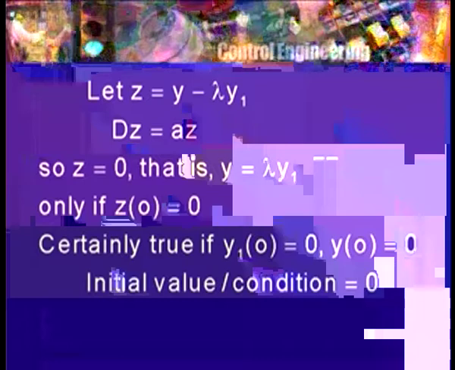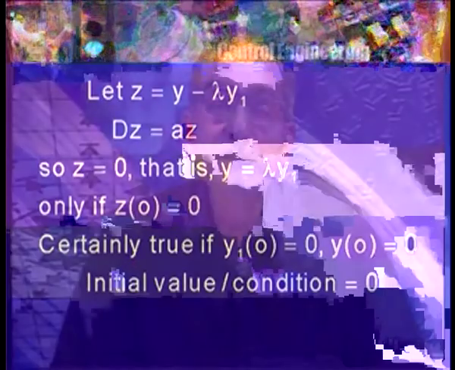So, dy is equal to ay plus b into lambda u. Is the difference y minus lambda y1 equal to 0? If I call that difference z, then I will get the differential equation dz is equal to az once again, and this has the solution 0 only if z0 is 0. So, it means for homogeneity to hold also, the initial value of the response must be equal to 0.